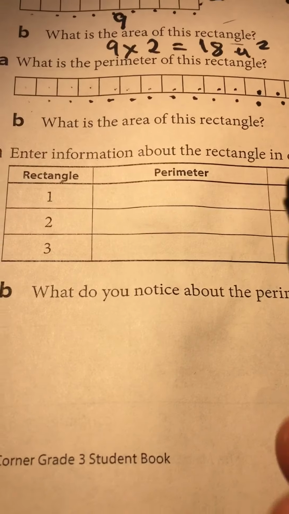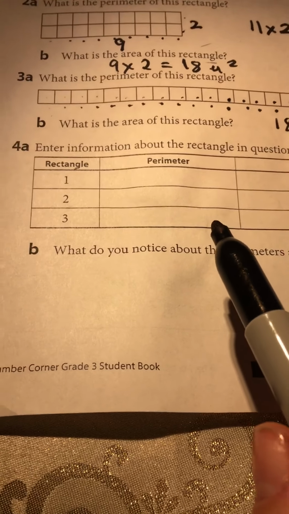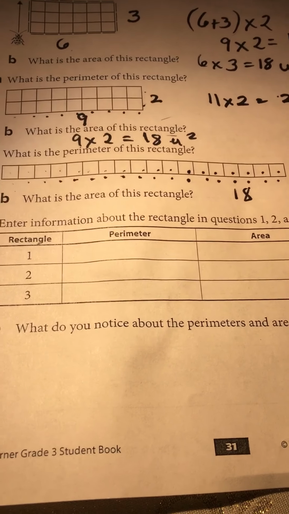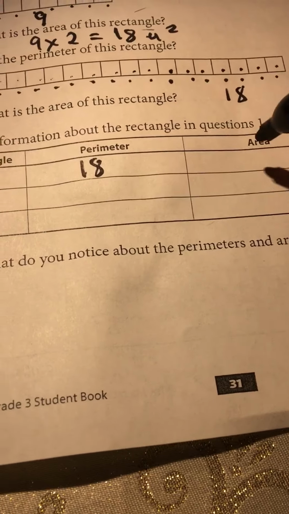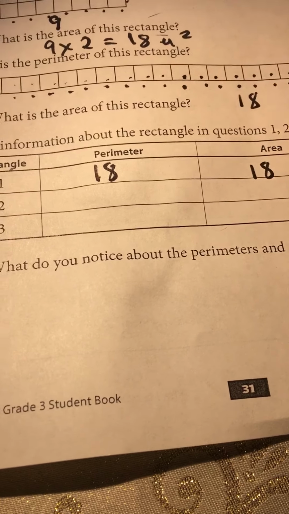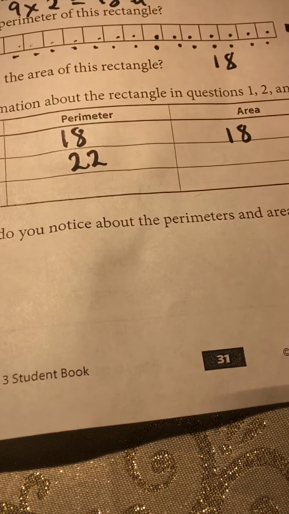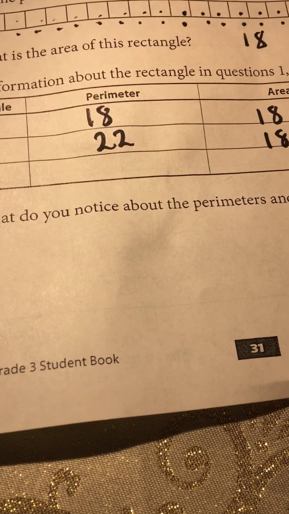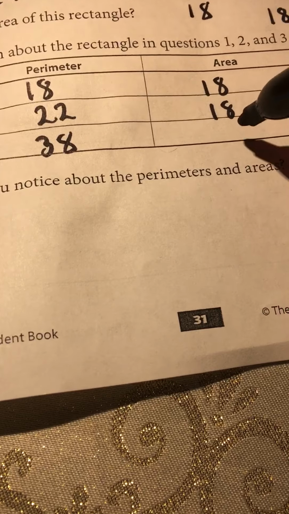And then they wanted you to plot in, and you didn't have to put this on the Google form, but they wanted you to put in the perimeter for rectangle 1 in here, which was 18. And the area was 18 for number 1. For number 2, the perimeter was 22, and the area was 18. And for number 3, the perimeter was 38, and the area, again, was 18.